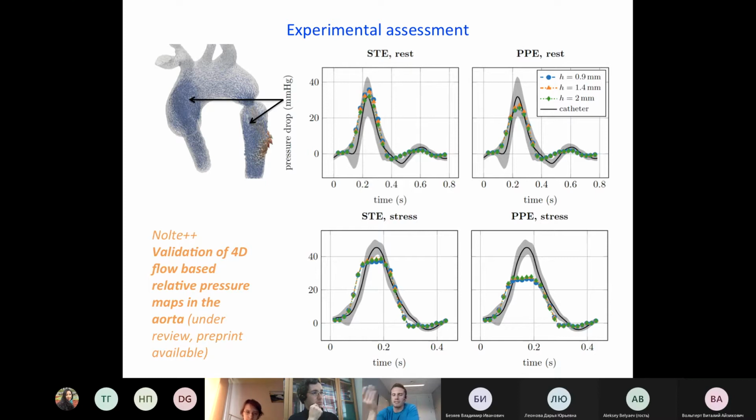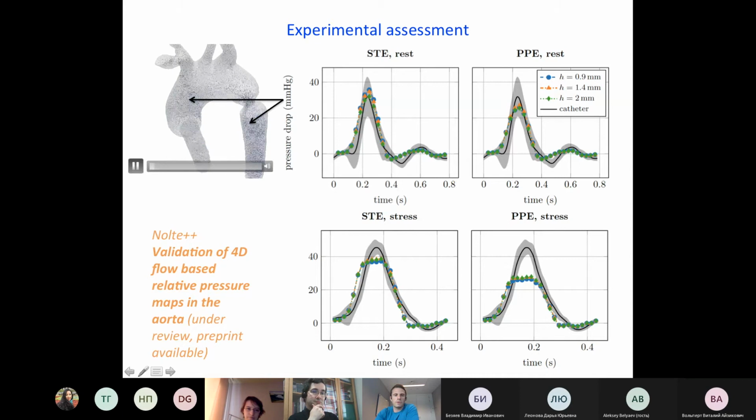We analyzed different discretization strategies, performed convergence analysis with respect to the image resolution, and tried to assess which method may be more cost effective for a given image resolution. I will here show you just the experimental results. Here in black, I will show the video because I think it's nice. So you have here the experiment. This is an aortic phantom with a pump.